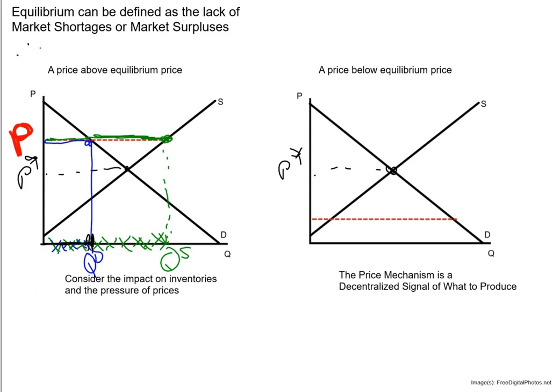Sure they were. But then what else happened? All of these units that sellers were producing and bringing to the market, was there a buyer to purchase those? No, right? All these extra units are just sitting around on the shelf somewhere. All this inventory just starts piling up. There are no buyers willing to buy those additional units at that price.